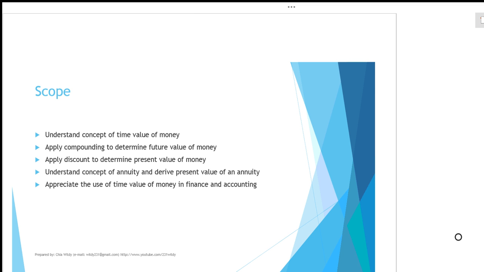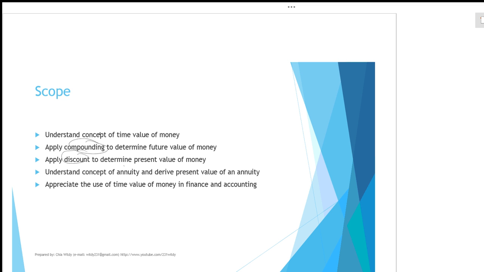Now, in this short video, I'm going to cover a few things. And I'll try to make sure that it is going to fit maybe 20 minutes. Hopefully this will be informative to you and it helps you to understand what you mean by the time value of money. Within this topic, we'll look at how compounding is applied to determine the future value of money, and how we make use of discounting to determine the present value of money.